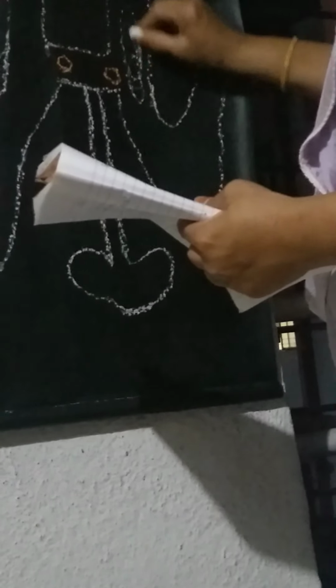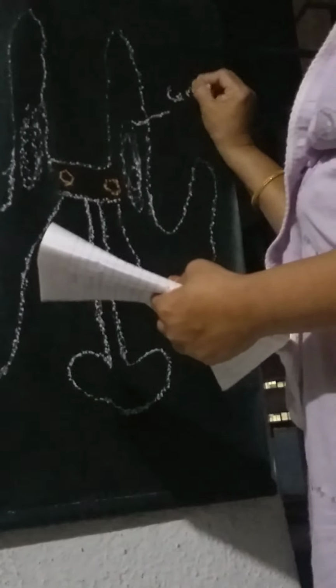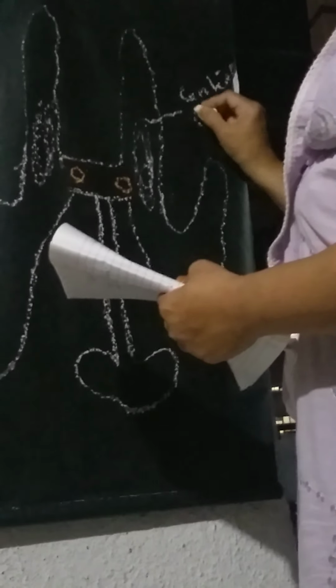The lateral ventricle, I told you, consists of a central part and three horns. See this portion which is present over here. This portion is the central part of the lateral ventricle.